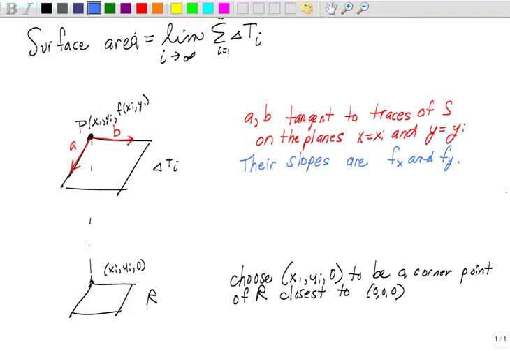And so we can write A equals delta xi times i plus fx at that point delta xi k.